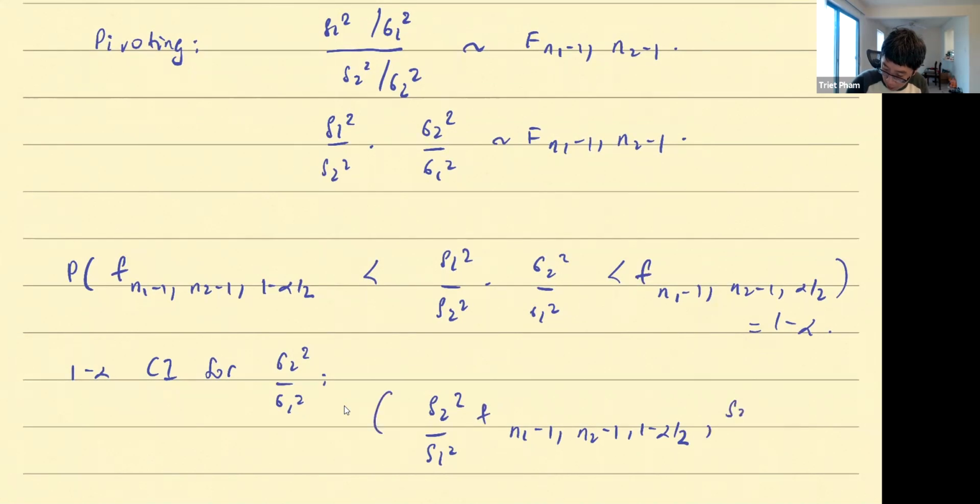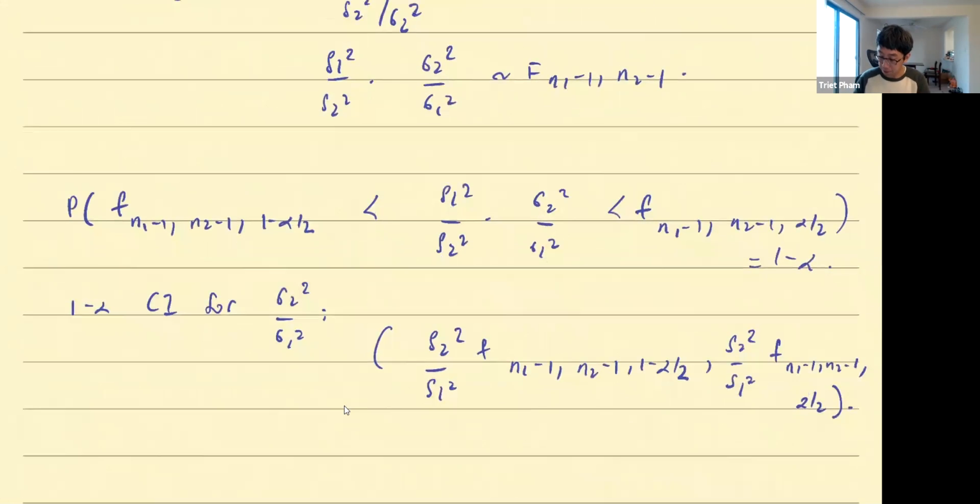And then S2 square over S1 square F. Is this okay?